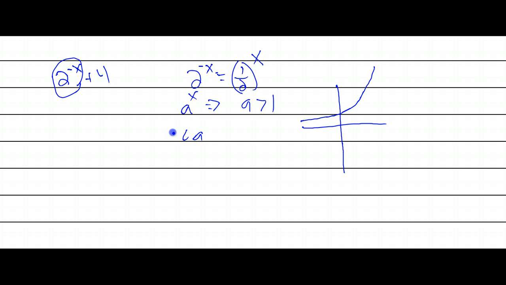When a is between 0 and 1, so pretty much anything greater than 0 but less than 1, it's going to be a decreasing function. So since it's 2 to the negative x, we know it's going to be decreasing.